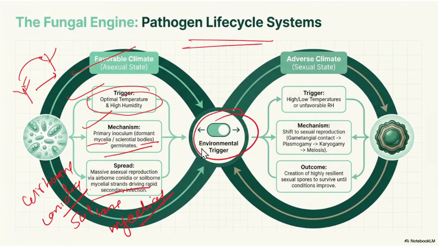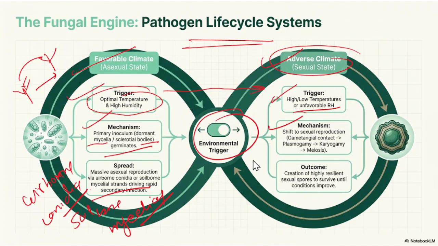Then adverse climate conditions. If the climate condition is not favorable to the development of the disease, such as high or low temperature or unfavorable relative humidity, then the asexual mechanism is converted or shifted into sexual reproduction.